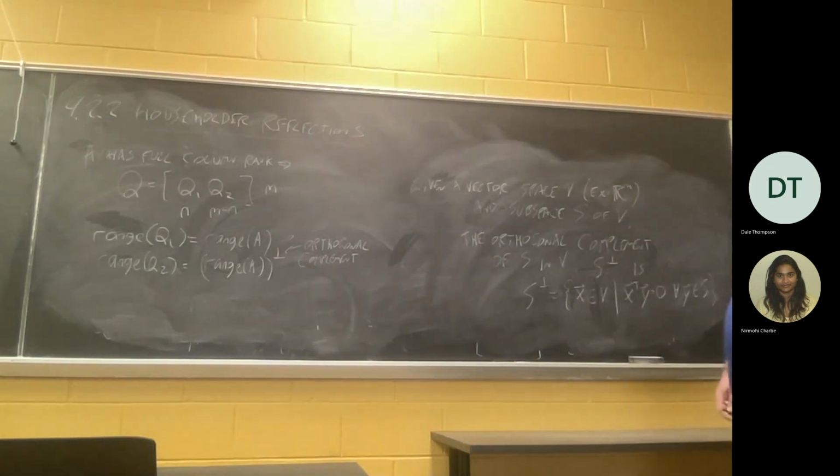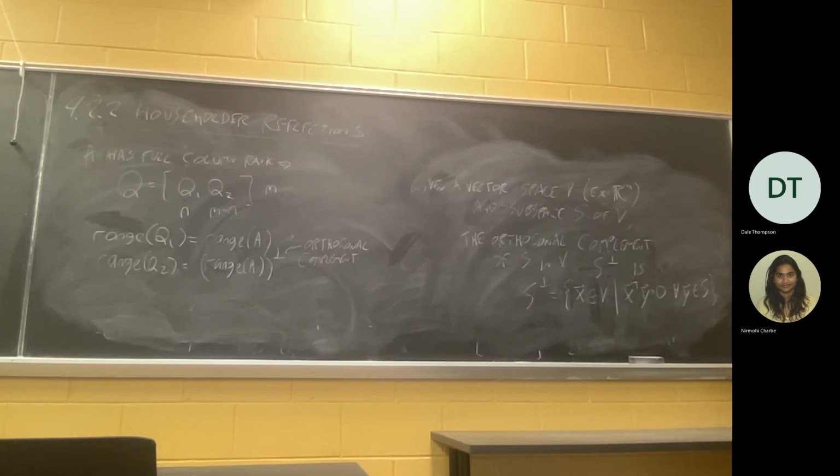I know there is a uniqueness result for QR factorization, like before I proved the LU decomposition is unique. But if you do QR factorization, the only way you could even hope to get uniqueness is if you have some convention like requiring that the diagonal entries of R are positive.